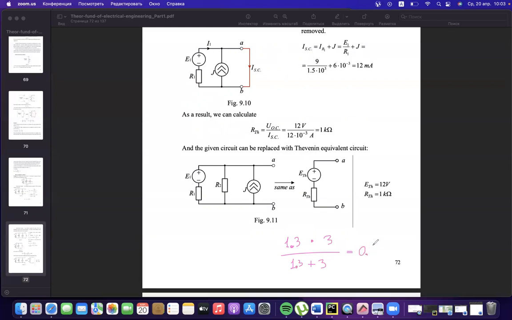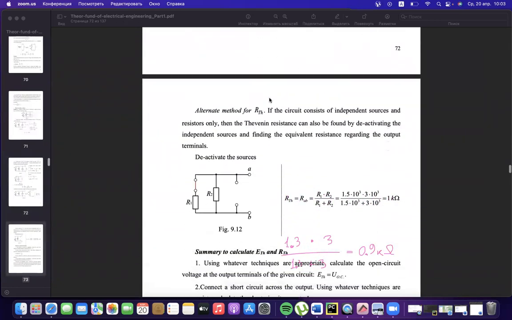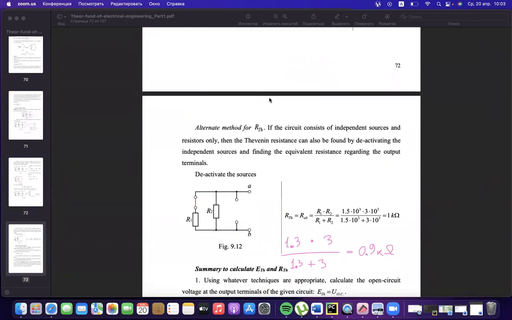It will be 0.9 kilo ohms. Let's check it. Number 1.5, not 1.3. 1.5 times 3. Yeah, it will be just 1. It will be just 1 kilo ohm, as it's shown here.